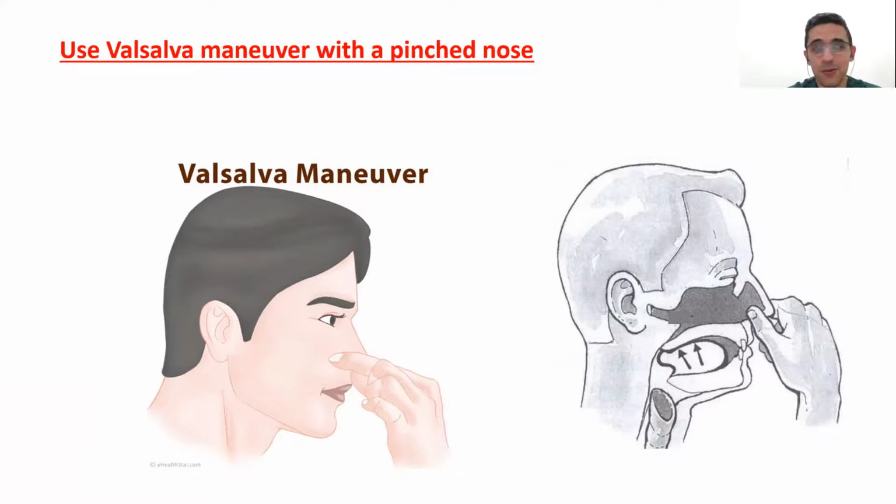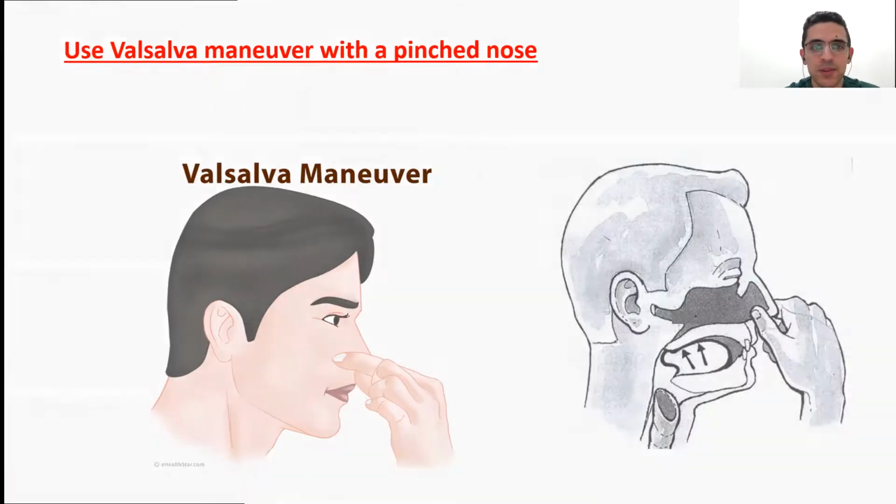We can also use the Valsalva maneuver by asking your patient to pinch his nose, or you can pinch your patient's nose and ask him to breathe through his nose. So all the air will come through the window that you have created to retrieve the implant, and the implant will go through this window. As I have said before, this is not the only thing, but it will help you.